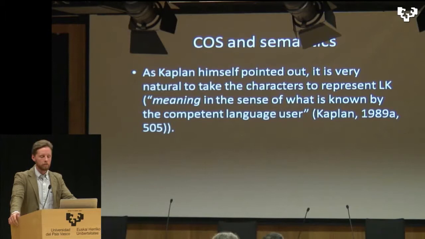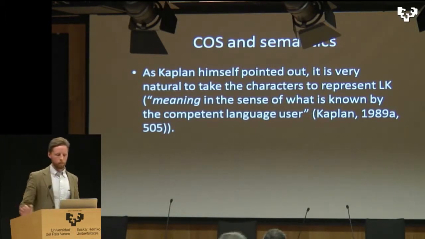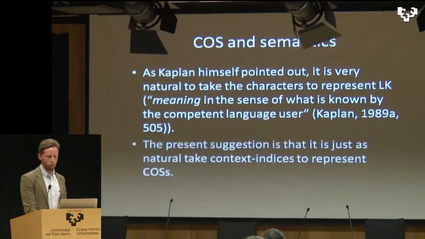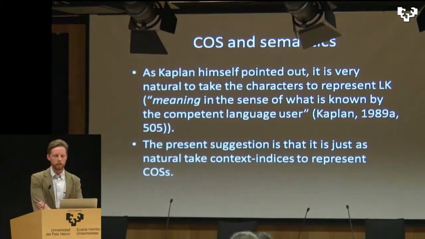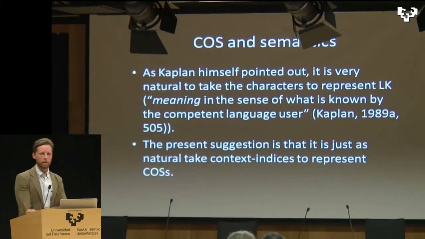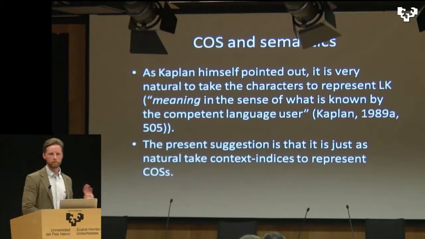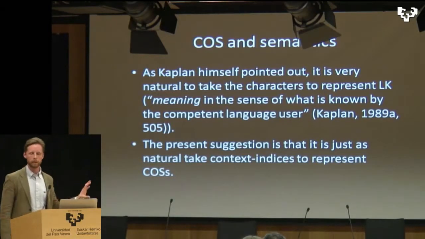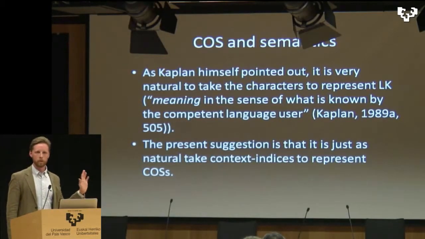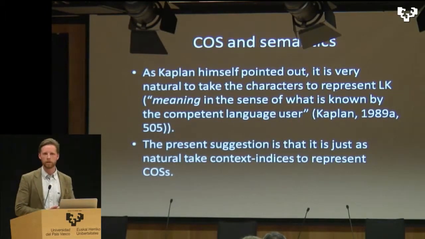It's supposed to represent meaning in the sense of what is known by the competent language user, conventional meaning or stable meaning, or whatever you choose to call it. My present suggestion is that it's just as natural to take context indices to represent conceptions of situations. I base that partly on what I said just before: they fit into the structure of the action in a similar way. There are these crucial informational inputs.